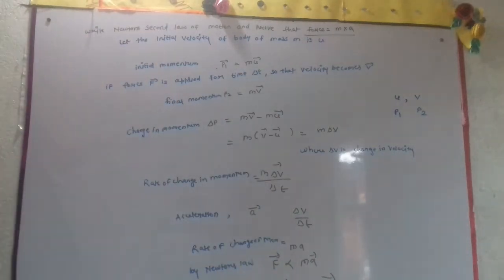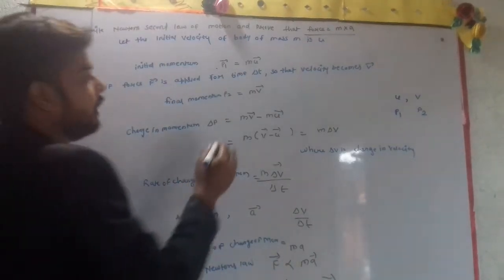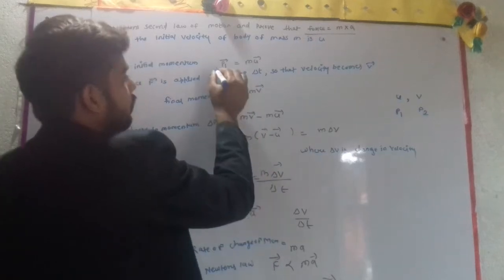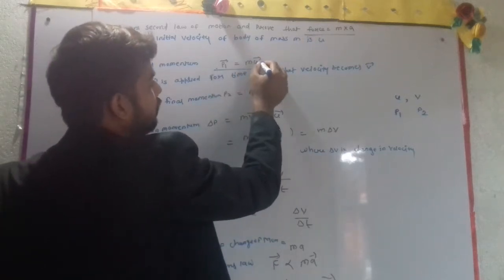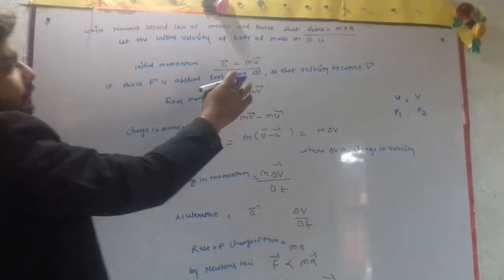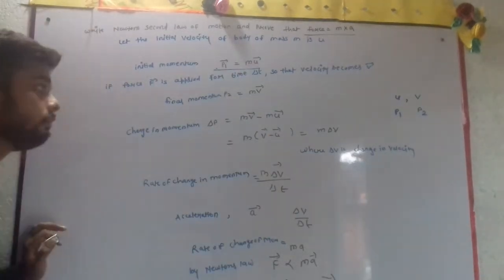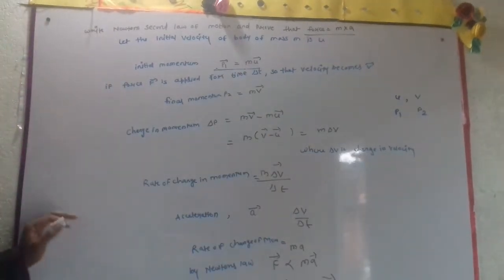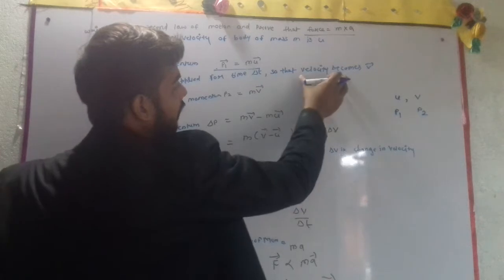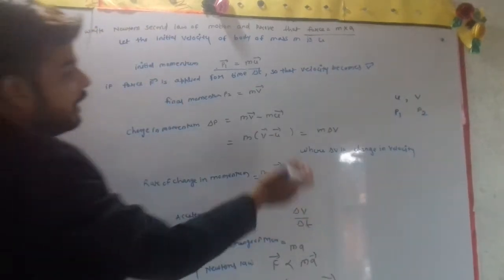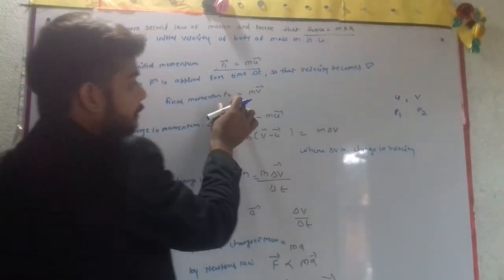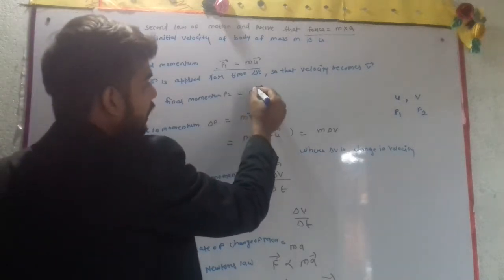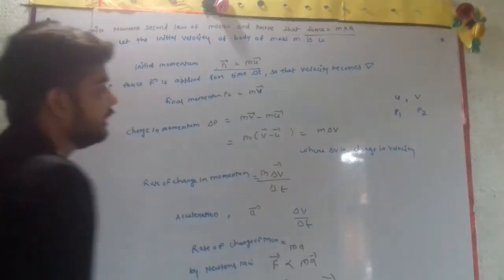We know that momentum p equals mv. So p1 equals mu because the initial velocity is u. Similarly, after the time del t, the final velocity will be v, so p2 will be mv. This is our final momentum.